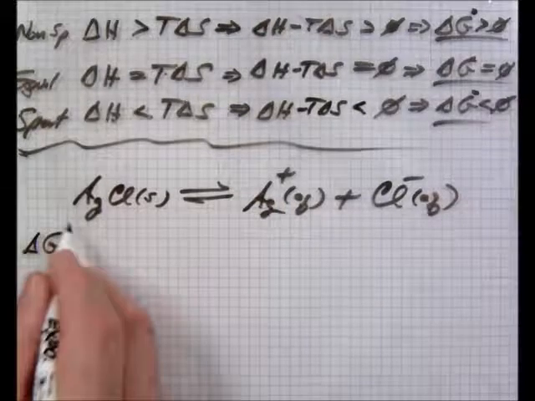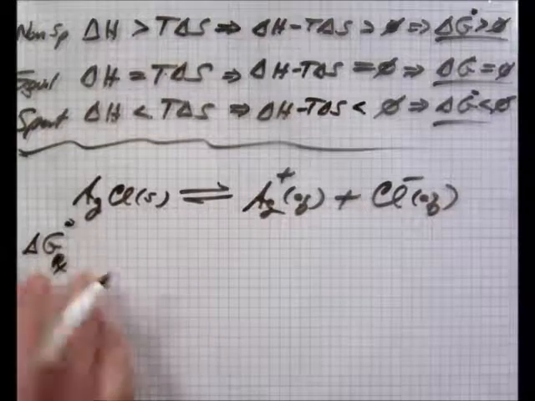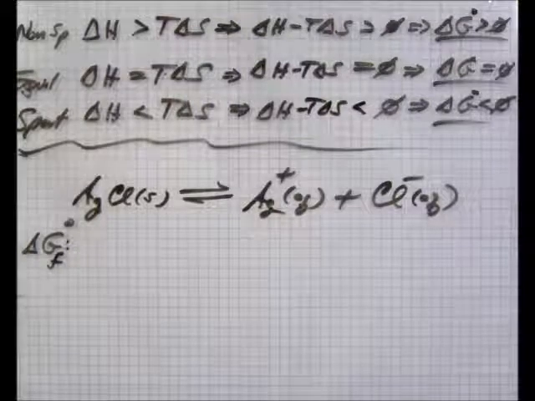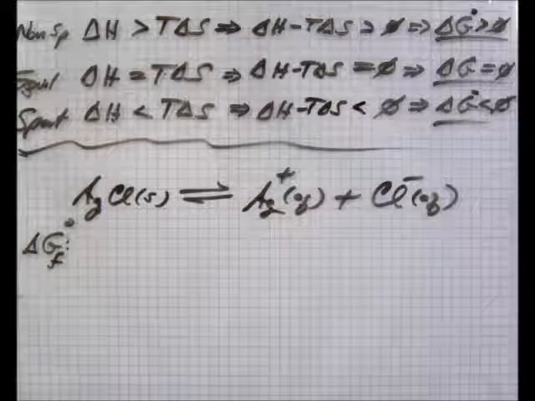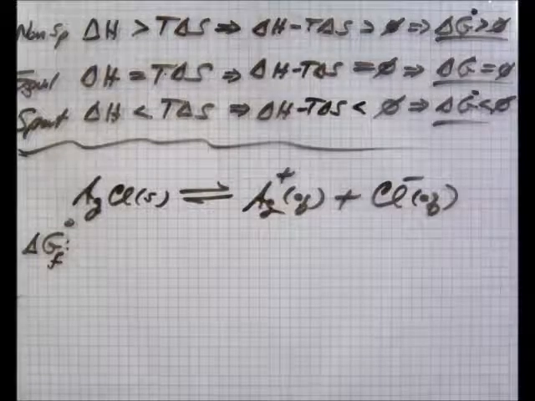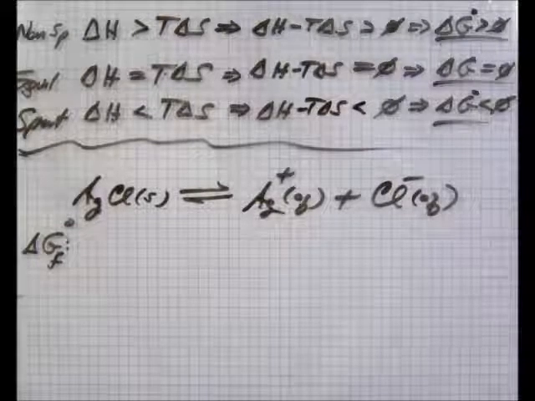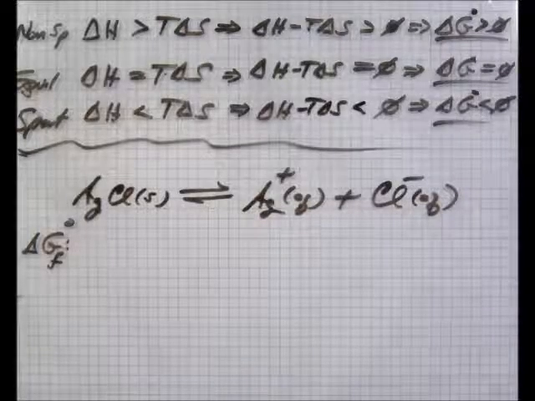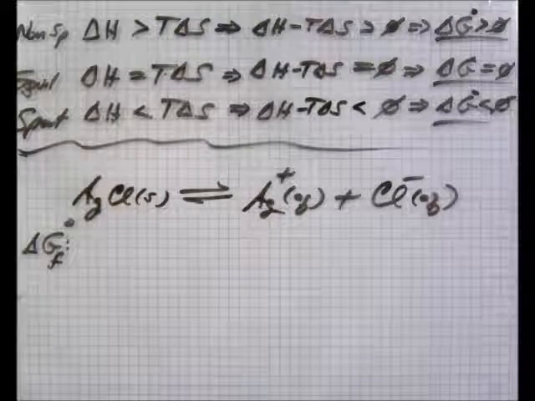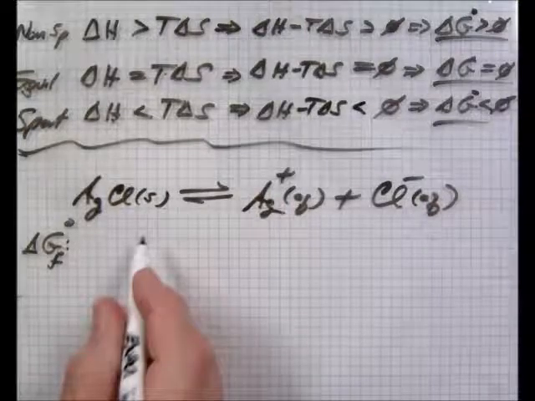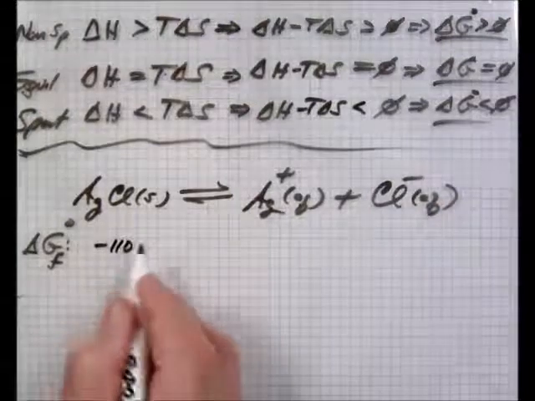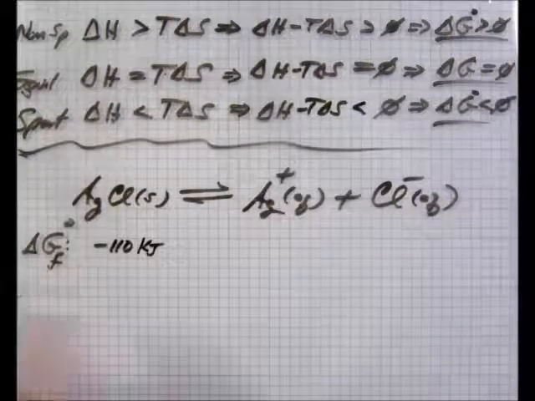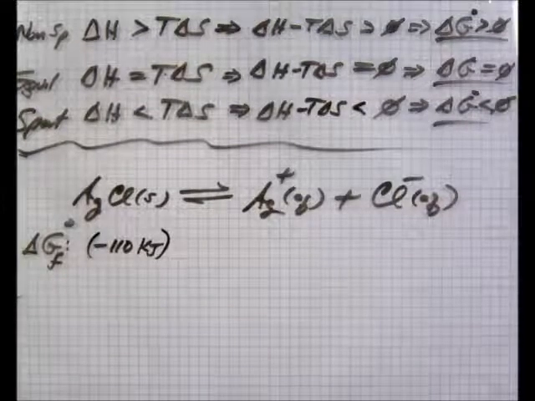Let's look at this one right here, and calculate spontaneity of this one. So actually, you start with the heats of formation of the components, and so we'll go look at delta G for silver chloride. It's minus 109.8, say minus 110 kilojoules per mole, and times 1 mole, of course we have that right there.